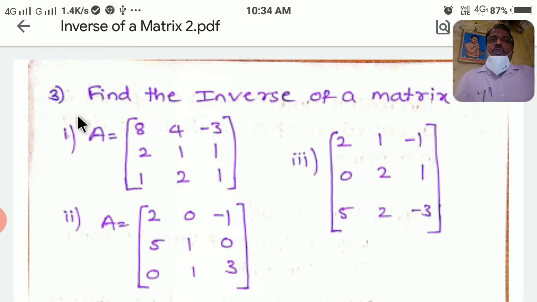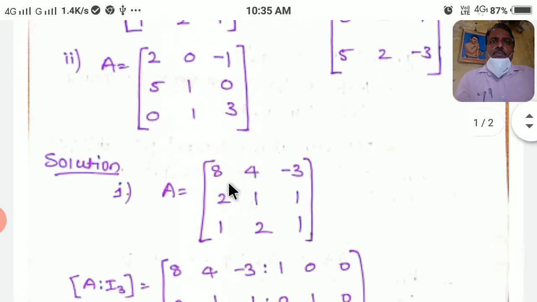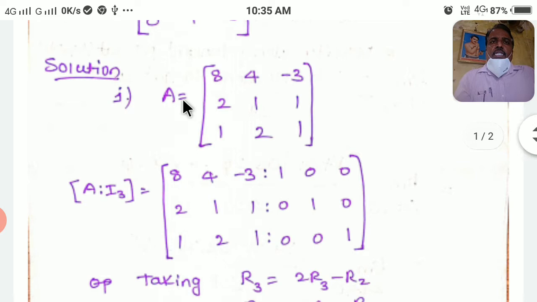Okay, so let us see the first problem. Find the inverse of a matrix. A is equal to 8 4 minus 3, 2 1 1, 1 2 1.